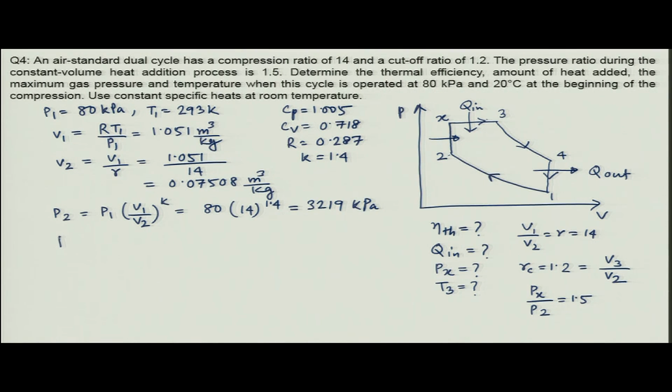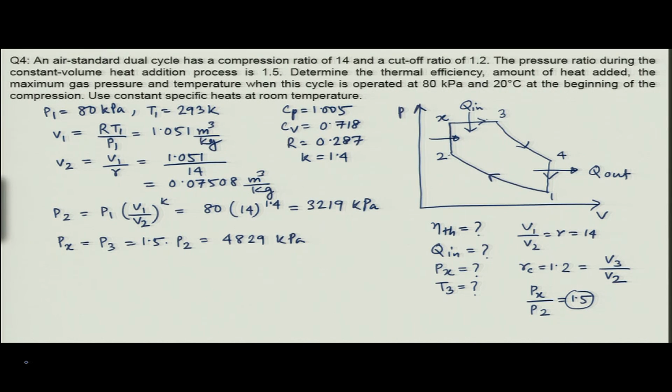Maximum pressure occurs at point x. So, Px should be equal to P3, right, that is the maximum pressure, and this can be written as 1.5 times P2. So, if you put the numbers, you will find Px as 4829 kilopascal.